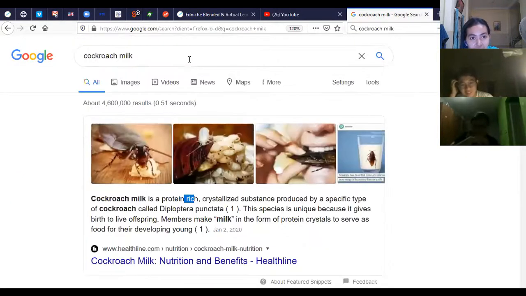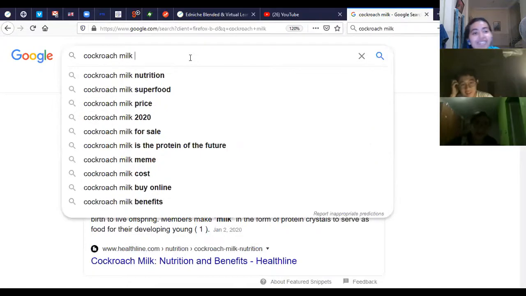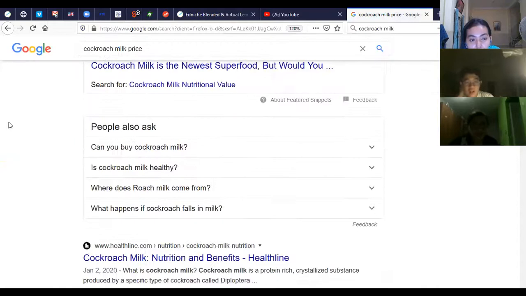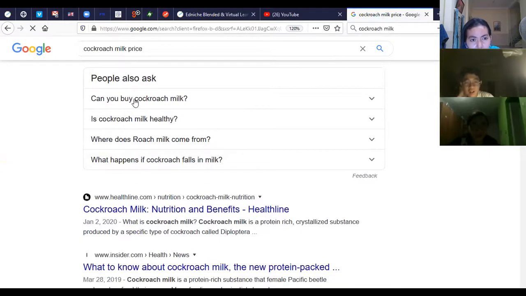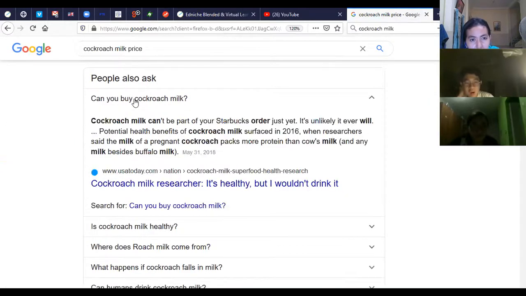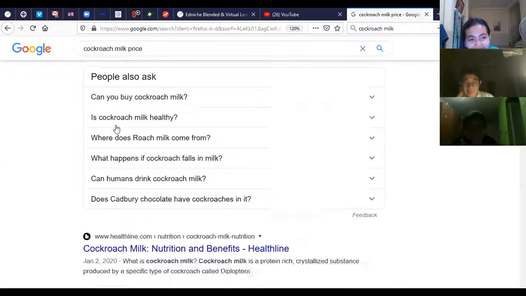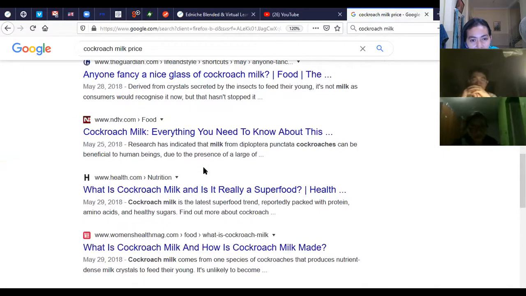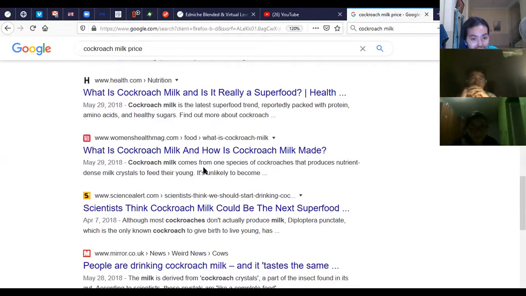Let's see the price. Maybe expensive because the cockroach is so small. Can you buy cockroach milk? Pregnant cockroach. Okay, let's see what the price of the cockroach milk is.